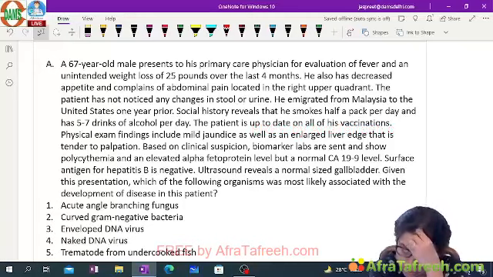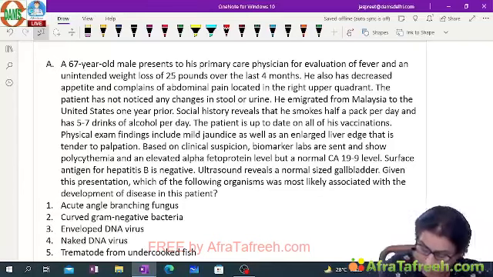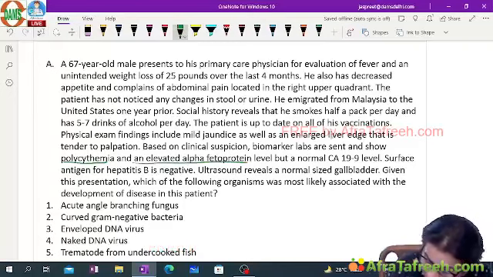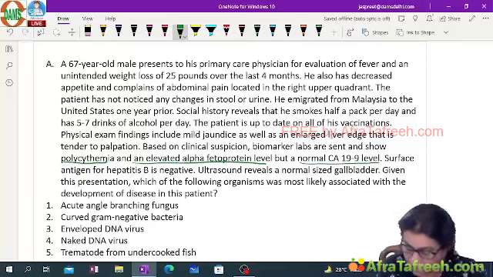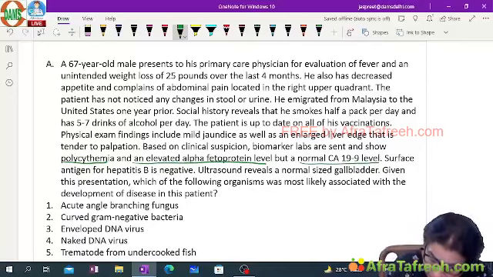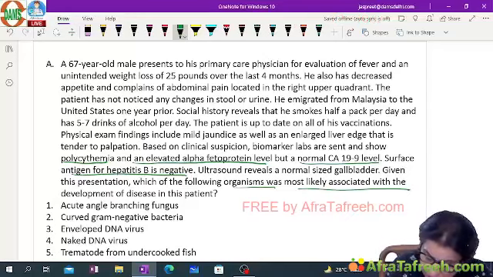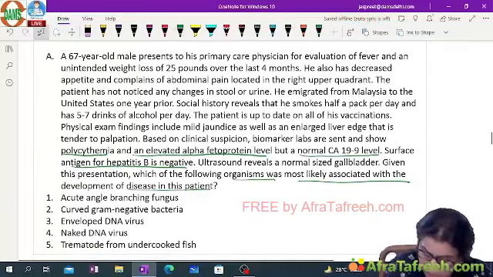Based on clinical suspicion, biomarker labs are sent and show polycythemia and elevated alpha fetoprotein levels, but normal CA 19-9 levels. Surface antigen for hepatitis B is negative. Ultrasound reveals a normal sized gallbladder, so there is nothing wrong with the gallbladder. Given this presentation, which of the following organisms is most likely associated with the development of disease in this patient?